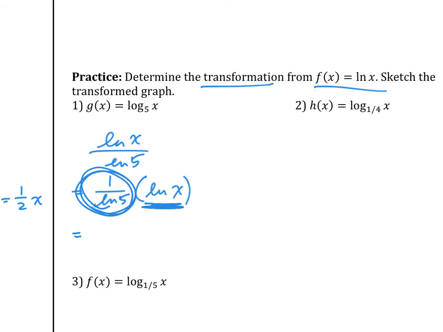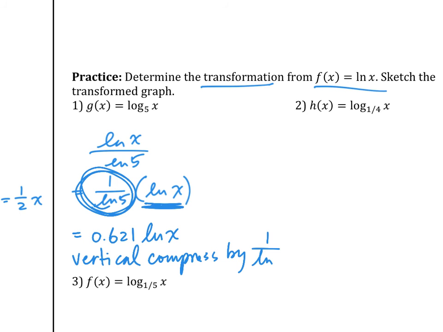And then I figure out that 1 over natural log 5 is actually 0.621. So 0.621 is less than 1, so this is going to be a vertical compress, or you can say shrink, by, you can say 0.621, or you can say 1 over natural log 5.